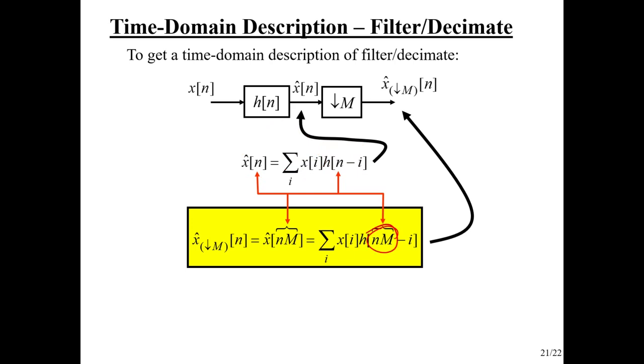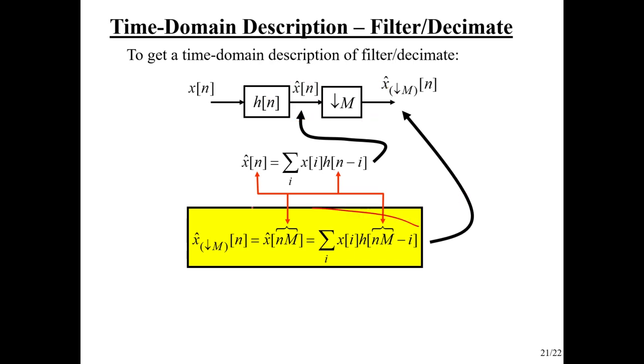Still flip, that's the minus i, lay the signal out, still flip it, but now you shift ahead by M. So you jump over all the ones that would be thrown away. So why filter and then throw away some of those that you just worked hard to compute? So this form says just compute the ones you need. No need to throw anything away.